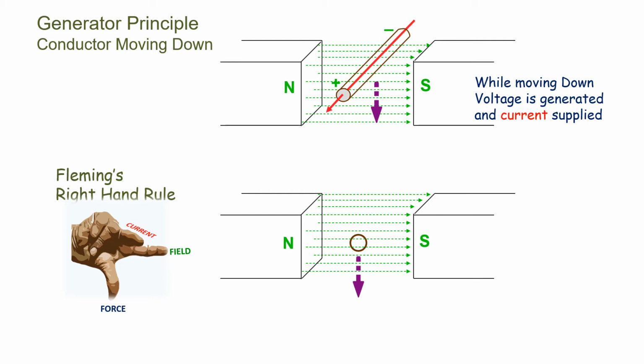The second finger shows the current coming outward from the conductor. If you treat this outward current as an arrow coming outwards, you can see the tip of the arrow like a dot. So the current in the conductor will be shown by a dot, which indicates the current is coming outwards.